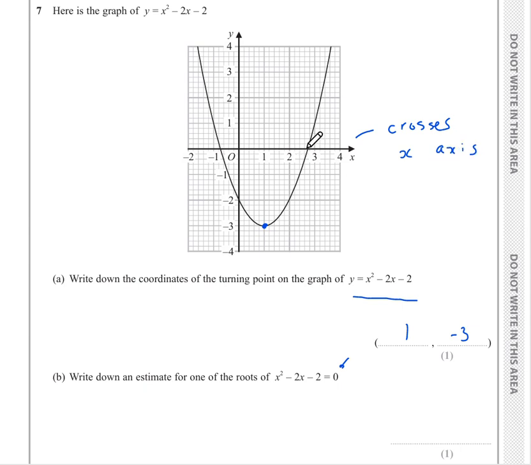You can see there are actually two solutions, so we can choose either one of those solutions. If we read that off, we can see that x is going to equal 2.7, or alternatively, you could have the negative root, which is negative 0.7. You only need one of these solutions for the one mark.